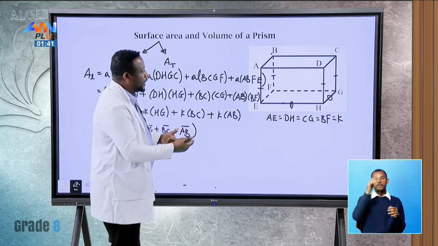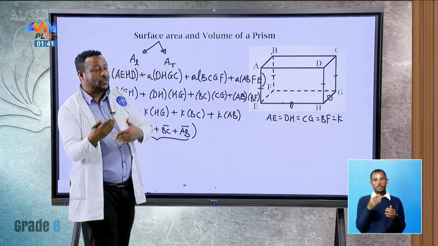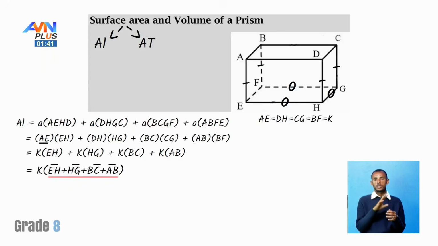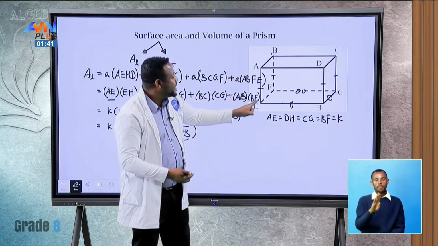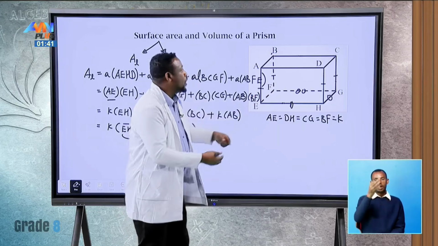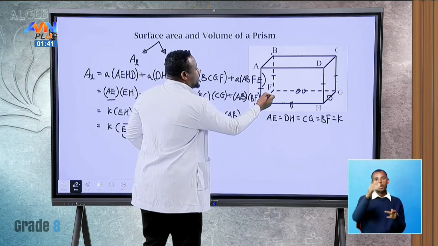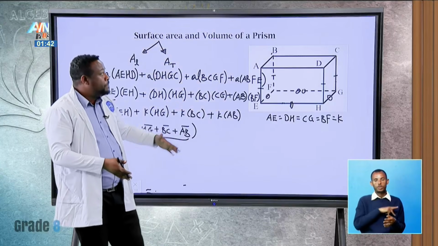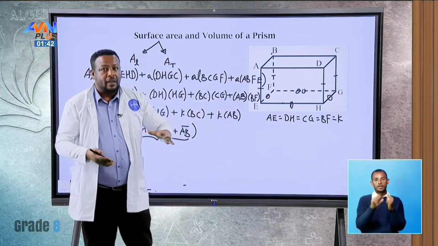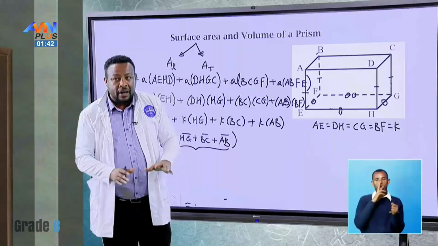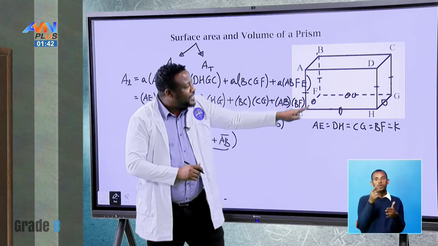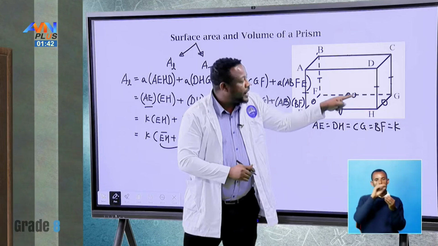And the last one is AB, which is the same as EF, so in place of AB you can also replace EF. So by the properties of a prism, the base edges are parallel and congruent. Now, what is the sum of all these sides in the base?